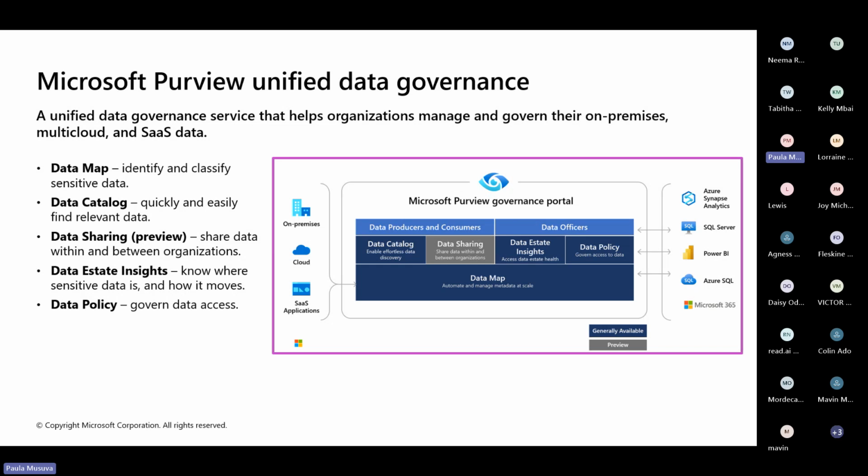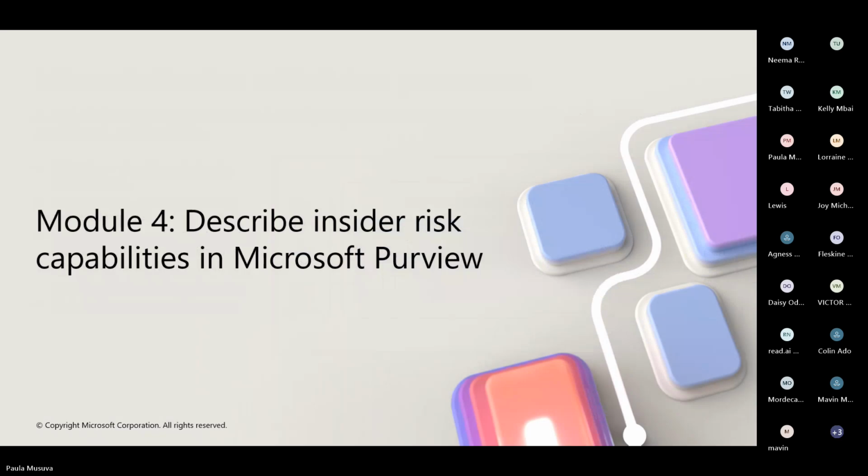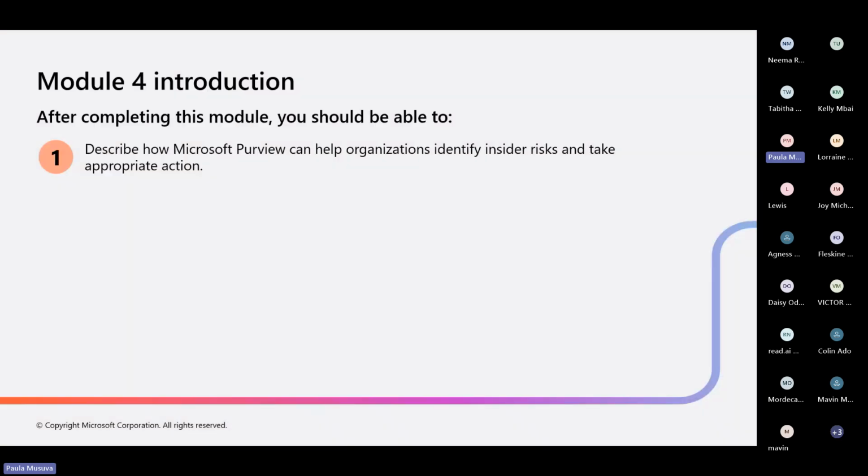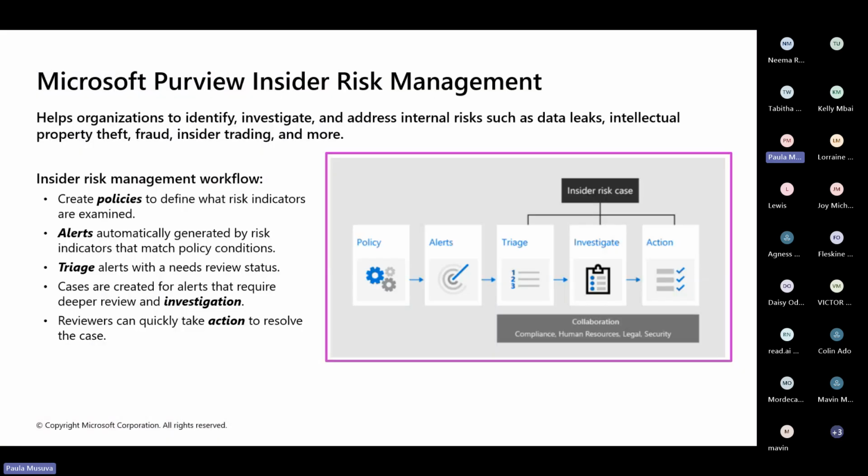So a data protection officer will need some tools to help them fulfill their job. So what they are also saying is that this Purview portal is there to also support the work that data officers are doing. All right. So we are also coming to the summary of it so that we can get to the demo.